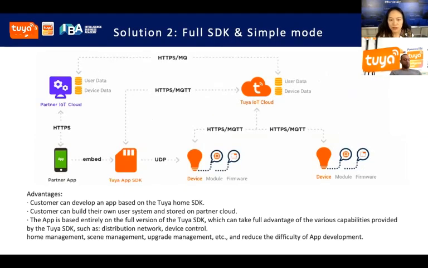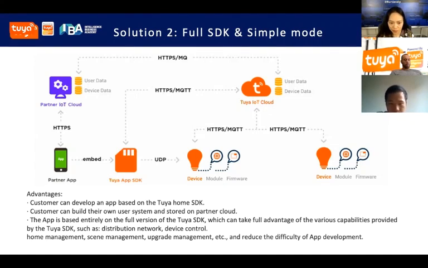The second is the SDK, because I will share the detailed contents included in the 4 SDKs. Let me just go through these 4 slides and I will go back to the IoT platform. For those 4 SDKs, we provide the home SDK. You can embed it into your app. With this advantage, you will still keep your own user system. In this scenario, you may have already cooperated with another company on another solution.